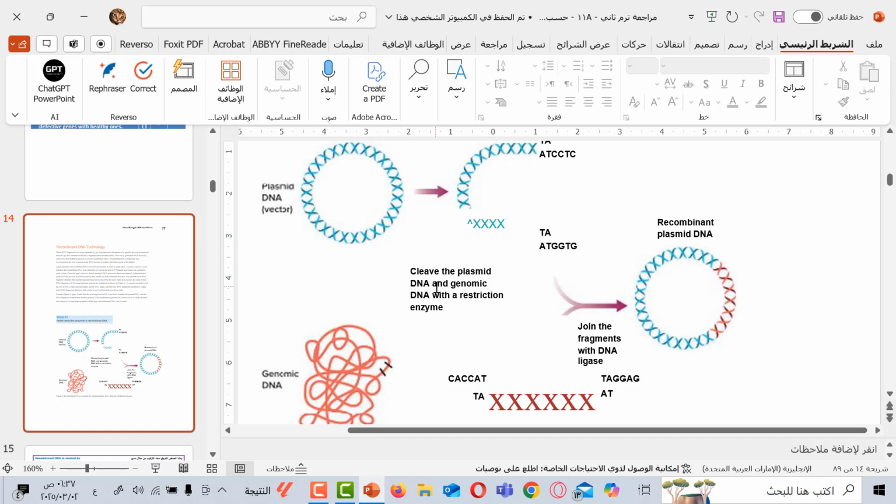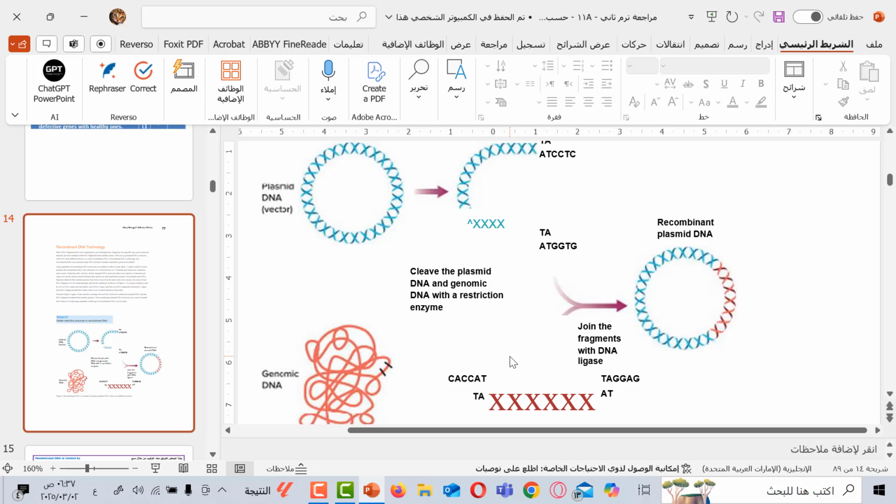What is mentioned here? And what is mentioned here? Okay, and what's the name of the enzyme which sticks or joins the DNA from the organism with the plasmid? It is called ligase. Okay, don't forget any word here.